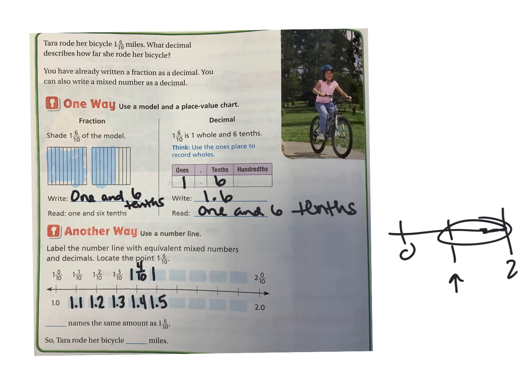1.5 is 1 5/10, right in the middle, 1 1/2 basically. 1.6 is 1 6/10. 1.7 is 1 7/10. 1.8 is 1 8/10.